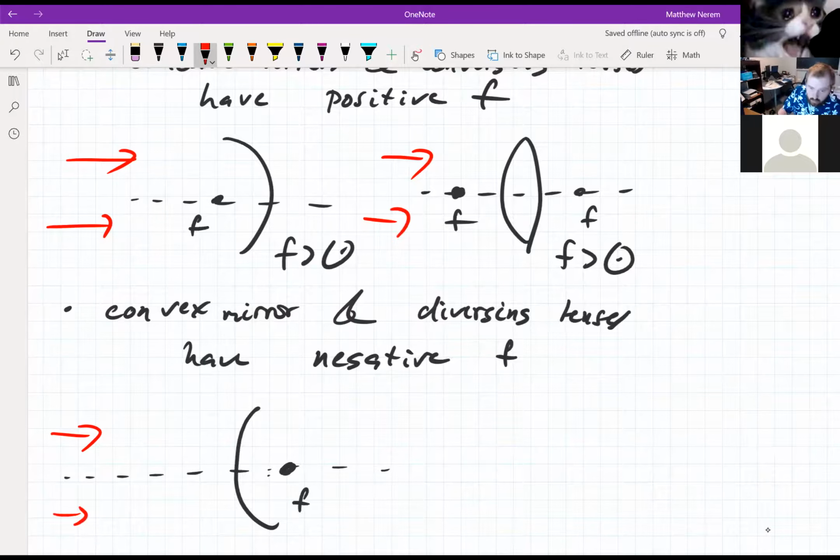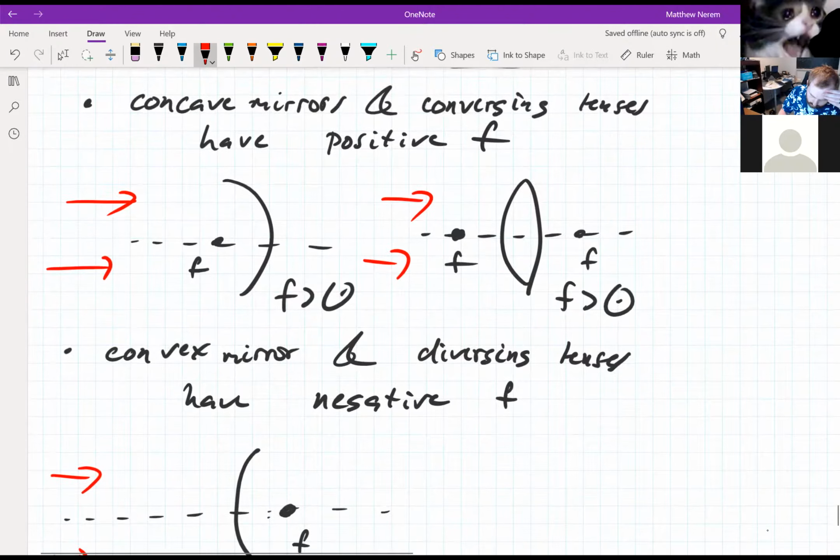Hey, Professor? Yeah. I thought concave went with diverging and convex went with converging. Let's see here. Concave, you cave inwards. I'm just doing a little scribbling to convince myself.